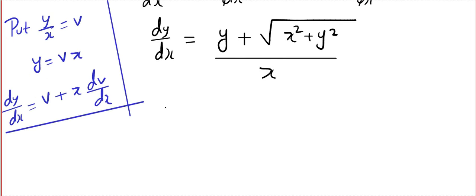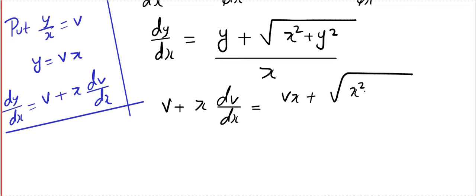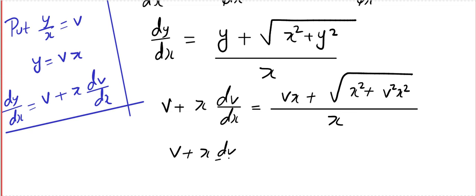Now look at this, v plus x into dv by dx. So y becomes v into x, root under x square plus y becomes v into x. So v plus x into dv by dx.